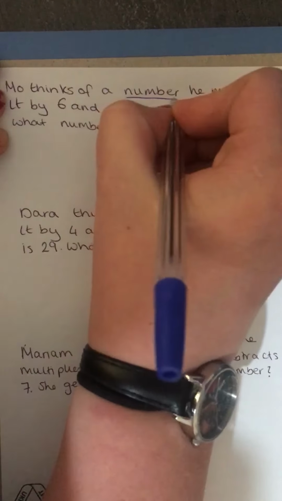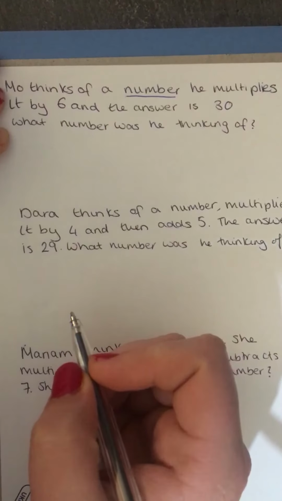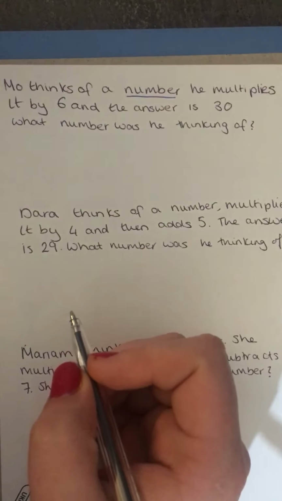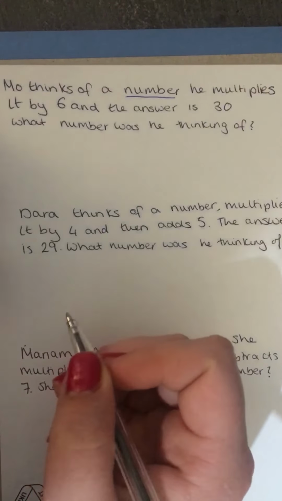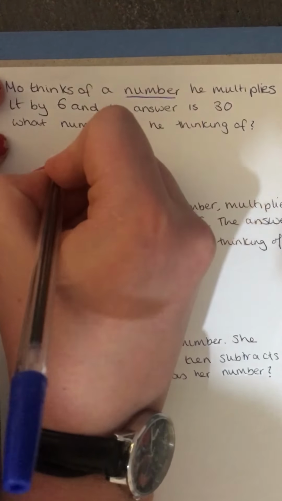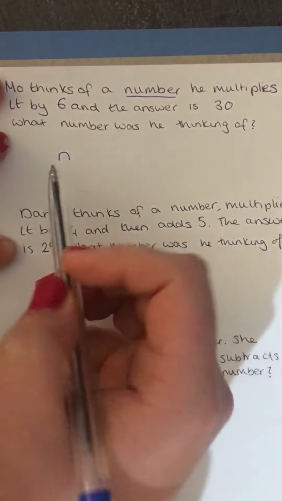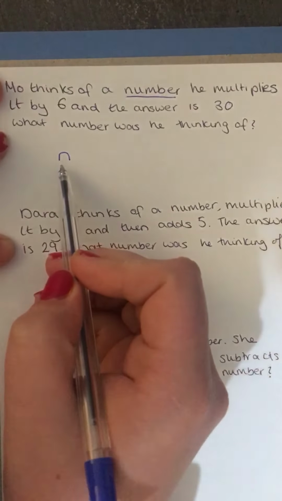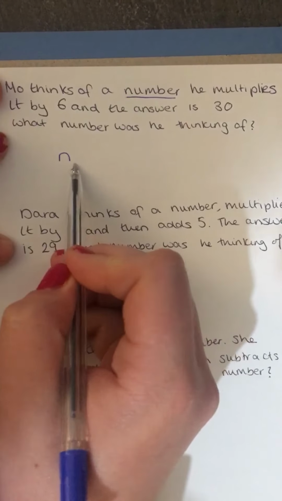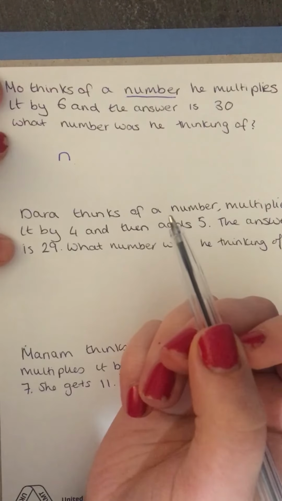So he thinks of a number. We don't know what that number is. When we have a number that we don't know, we can use letters to represent it. I'm going to use n to show the number. So he starts with his number n that we don't know yet, and he multiplies it by 6. How would we show that using an expression?